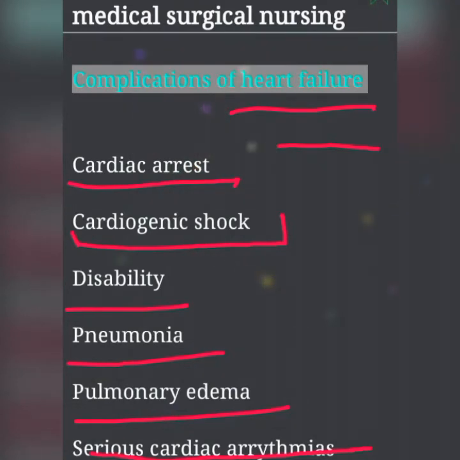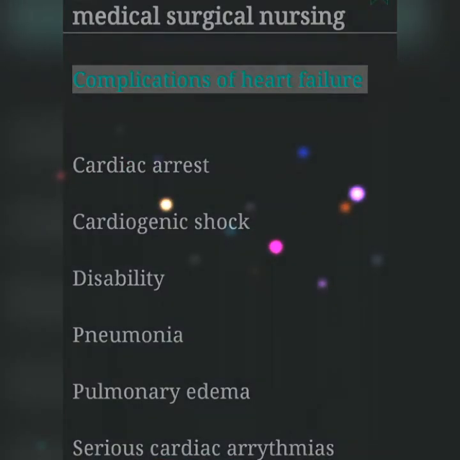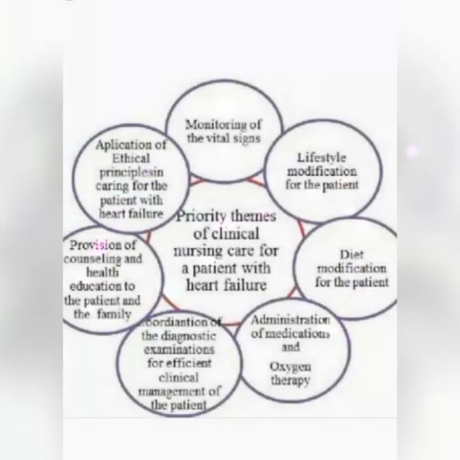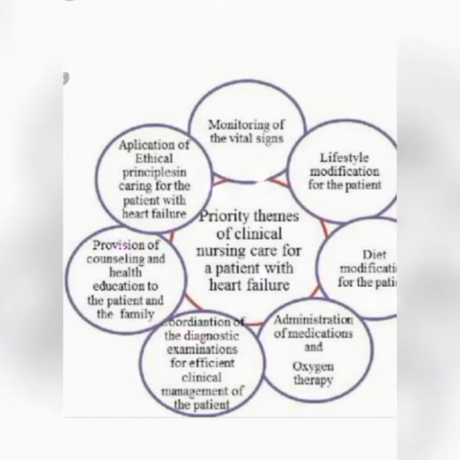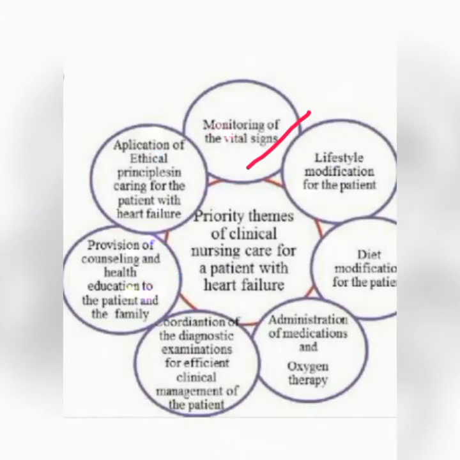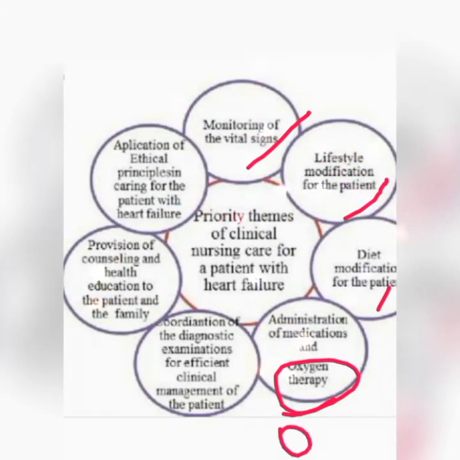Now let's see some nursing management. The priority themes of clinical nursing care for a patient with heart failure are monitoring of vital signs, lifestyle modification, diet modification, administration of medication and oxygen therapy.